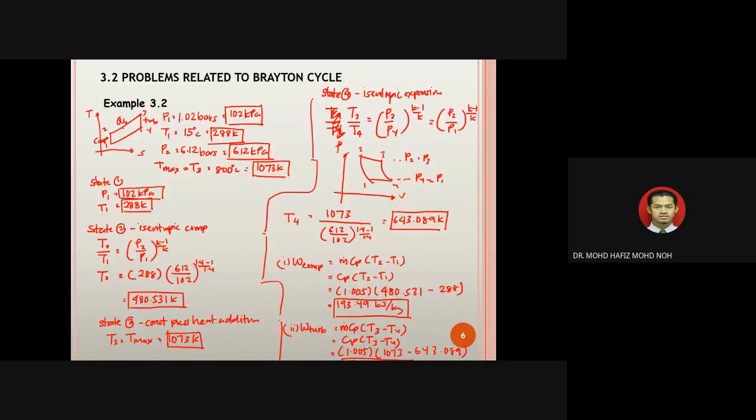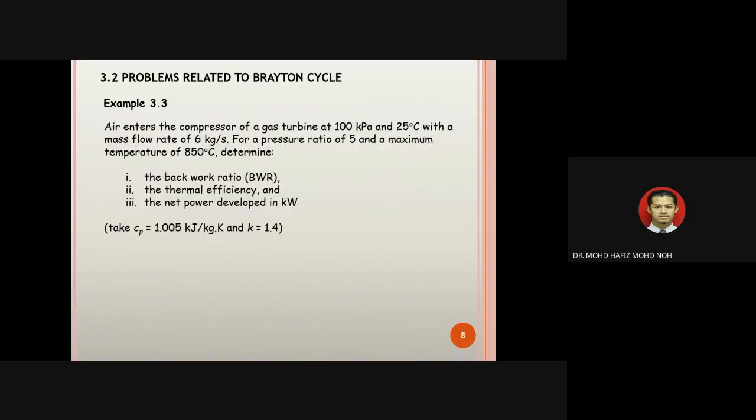So far we have done 3 examples, so the method is similar. You do state by state, find out the temperature first at each state, then after that you can proceed to answer the question. Now you go for example 3.3. Air enters the compressor of a gas turbine at 100 kilopascal and 25 degrees Celsius.